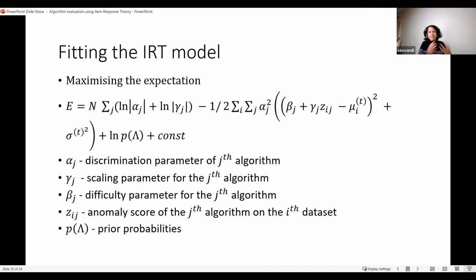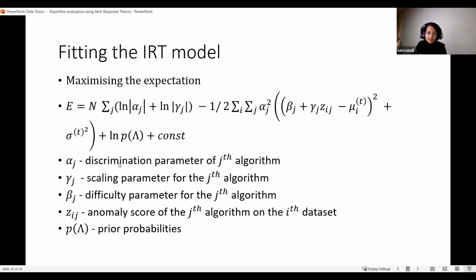So when you fit the IRT model, we are doing a continuous model here, we are maximizing this expectation. And we made some very minor changes to this function, because we wanted to keep the anomalous algorithms. Otherwise they didn't have the absolute values for the alphas and the gammas.